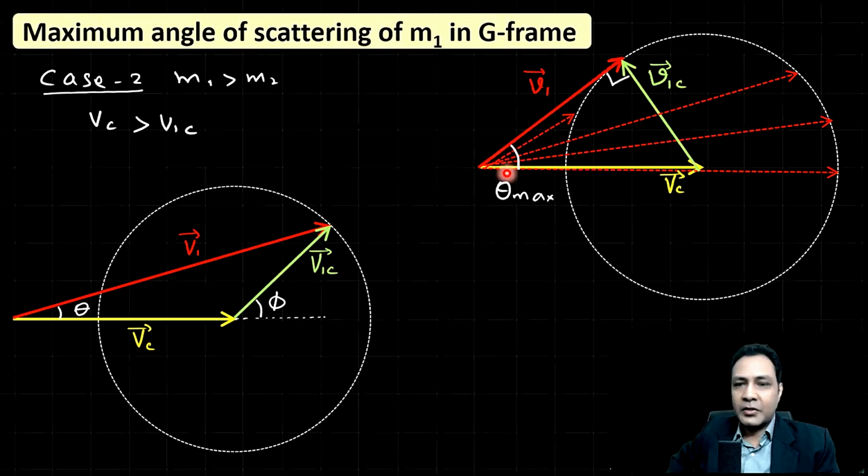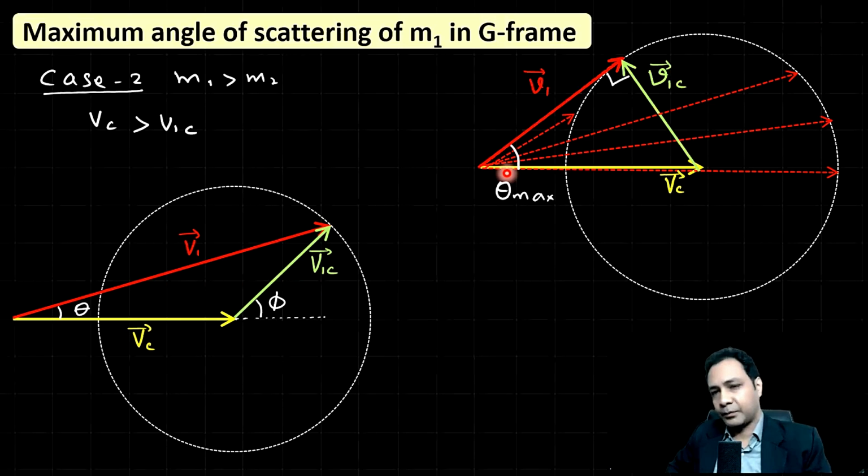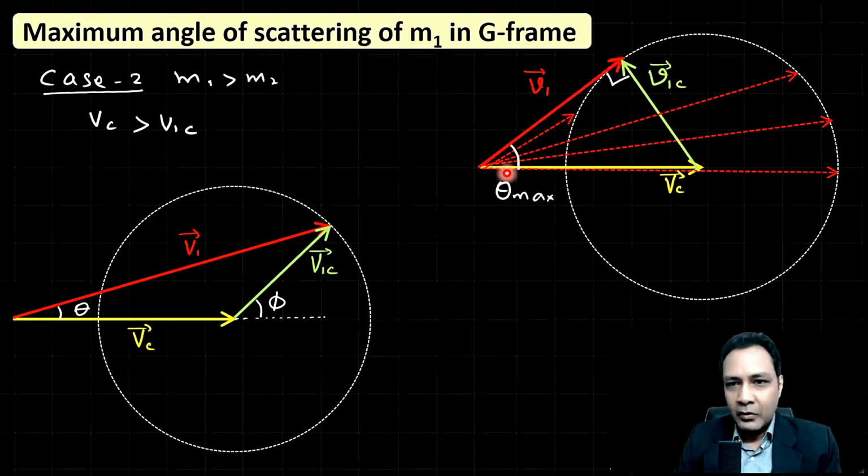So you can also say that the maximum angle of scattering would be when the velocities of the colliding particles after collision make an angle of 90 degrees in the C frame and the ground frame. Then it becomes a straightforward matter to write theta max.